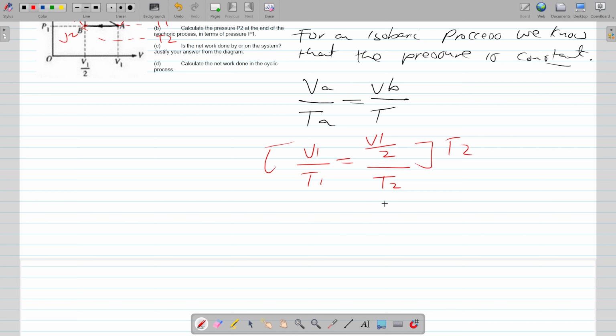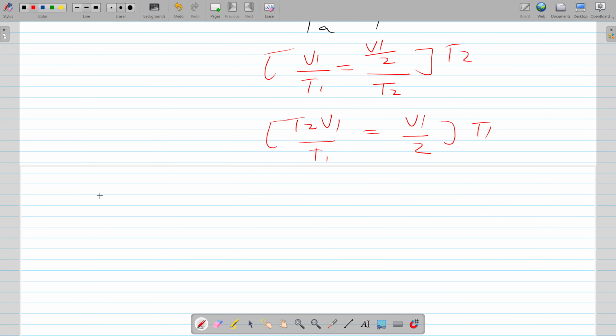Multiplying both sides by T2, here we're going to have T2 V1 over T1 is equal to V1 over 2. And then I'm going to multiply both sides by T1 to get rid of that T1 at the bottom. So I'm going to have T2 V1 equals V1 T1 divided by 2.